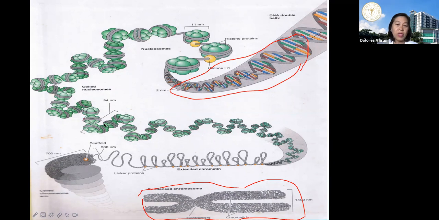So there will be supercoiling until you form the condensed chromosome. The lower part of your slide represents the condensed chromosome, but when it is unpacked and extended, it is a long DNA molecule.